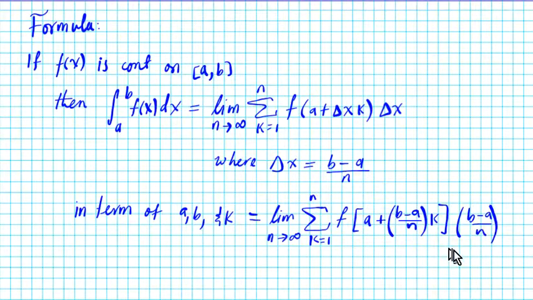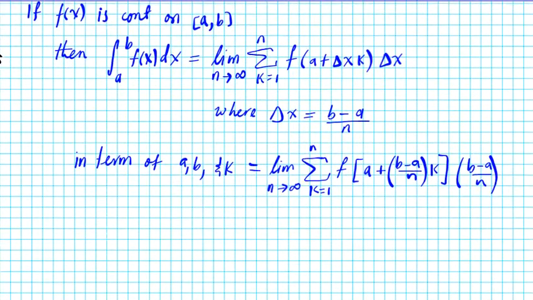What this second formula helps you see is that we're going to be using (b minus a) over n twice in this formula. The first one goes into the function, and then the second one you will be multiplying the function by. Alright, let's take a look at an example of this formula in action.